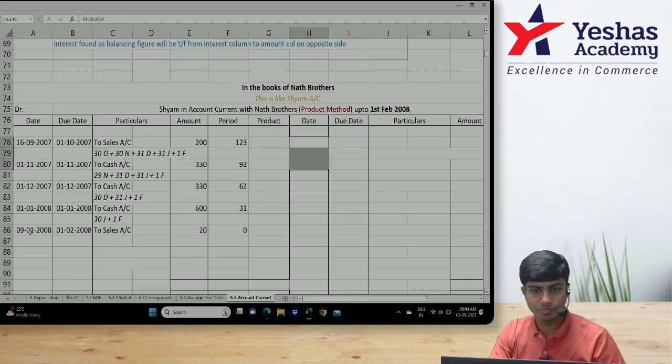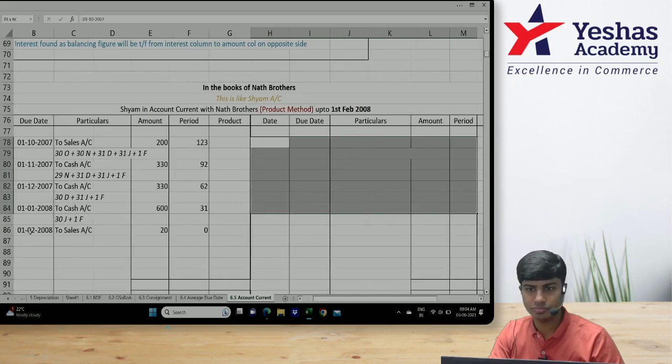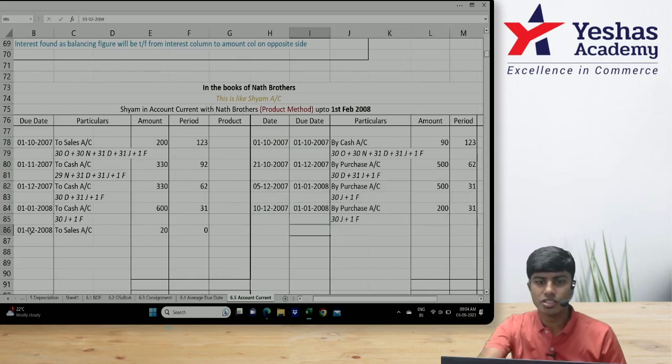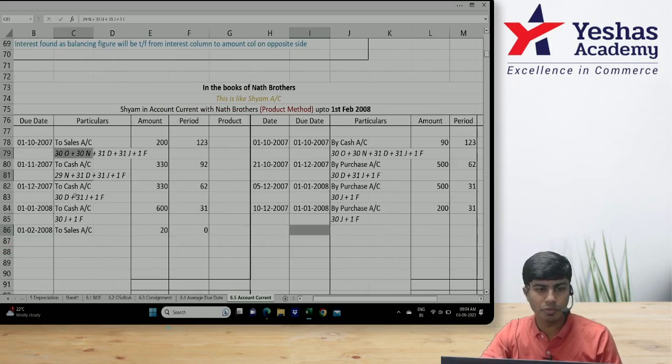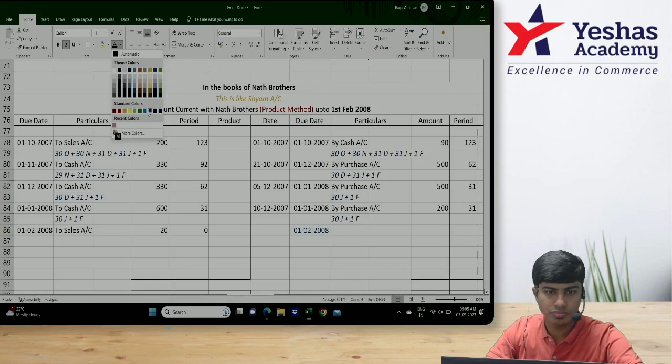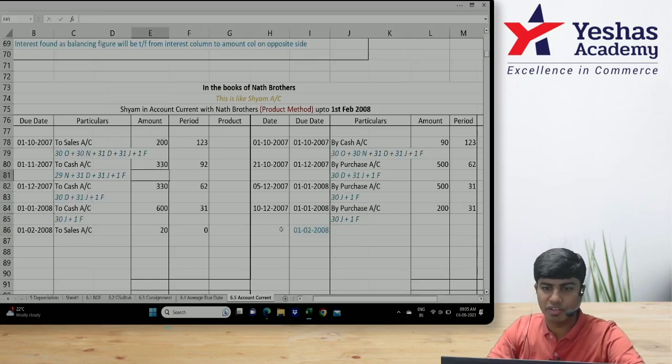Here also. Same to same. Now you know what we do? We'll compute the product. Come on, let's compute the product. We'll check if we get the same answer.